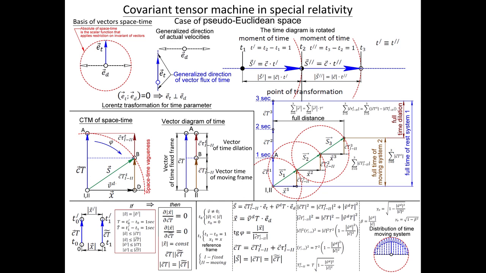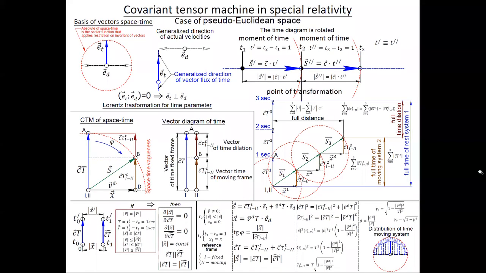For that reason, the vector of actual velocity rotates the vector of speed of light relative to the start point. This event occurs in accordance with the determination of the velocity vector and the principle of invariant speed of light, but the total vector S isn't the vector of speed of light or the actual vector.